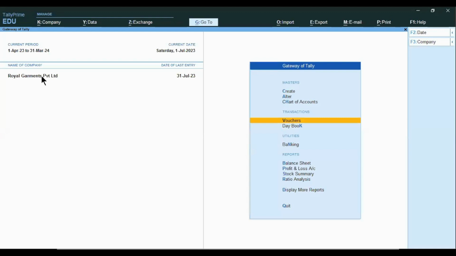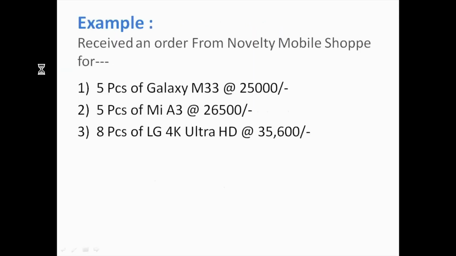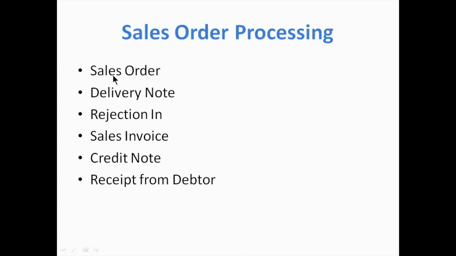So in this class, we learned the whole sales cycle. We created a sales order, then delivery note, rejection in, sales invoice, credit note, and receipt from the debtor. The most important is which voucher you will create for goods return.